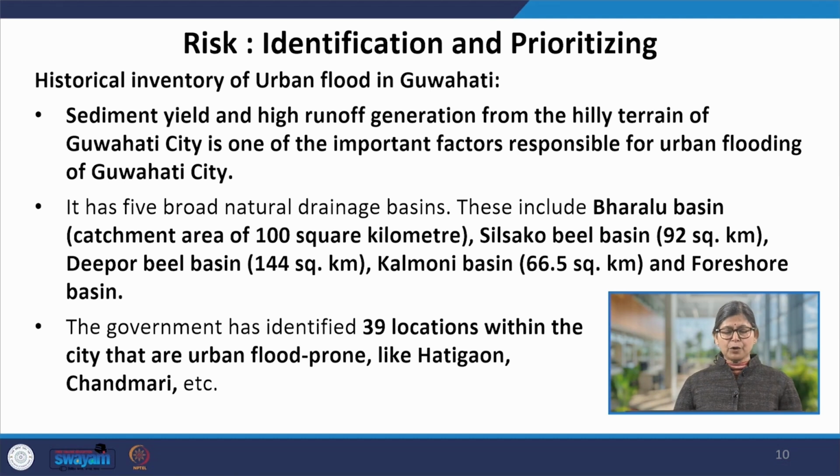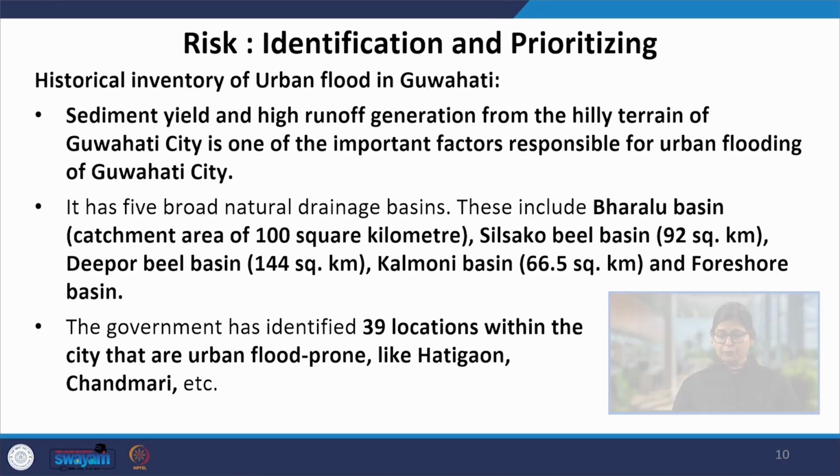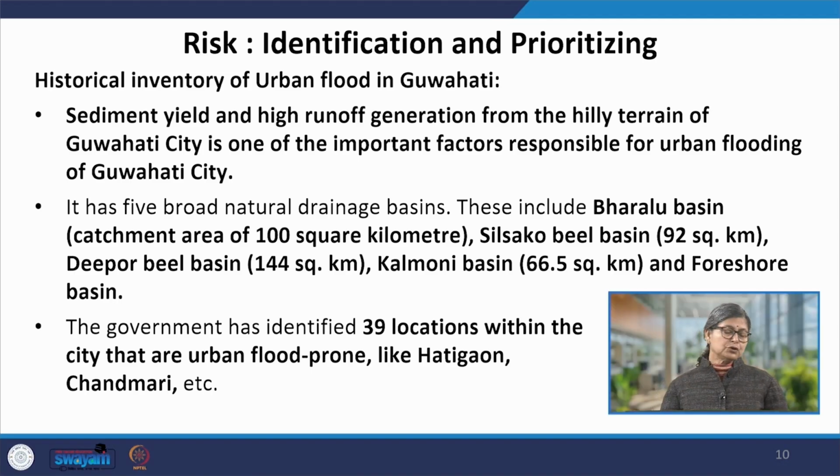It has 5 broad natural drainage basins. These include Bharalu Basin, catchment area of 100 square kilometers, Silsako Beel Basin, 92 square kilometers, Dipor Beel, 144, one of the largest basins, Kalmoni Basin, 66 plus square kilometers, and Foreshore Basin.